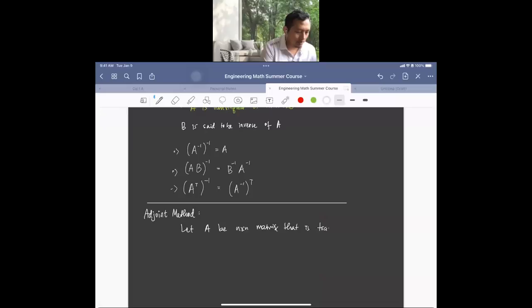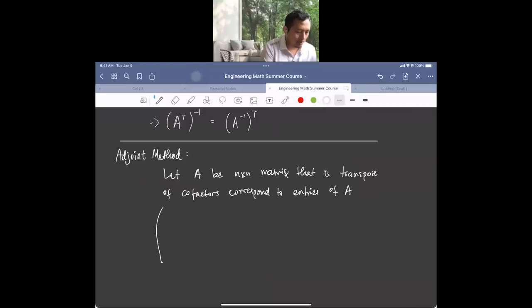Take the transpose of the matrix of cofactors corresponding to the entries of A. So let's say we have C11, C12.